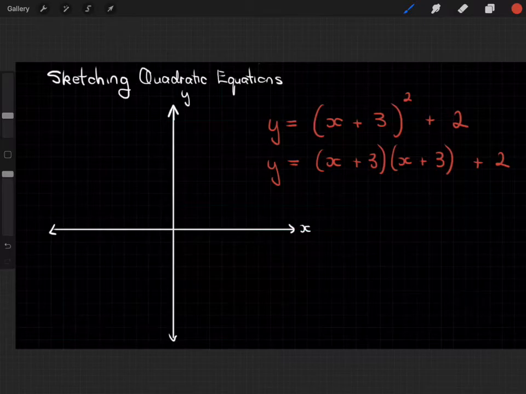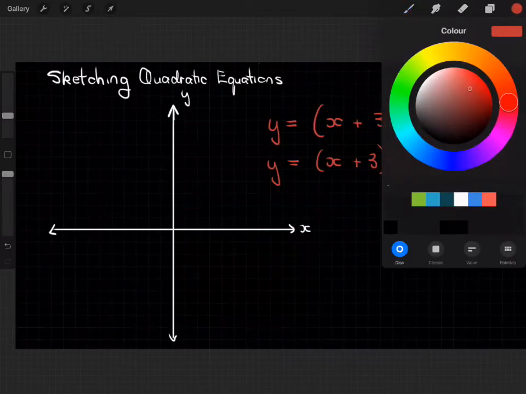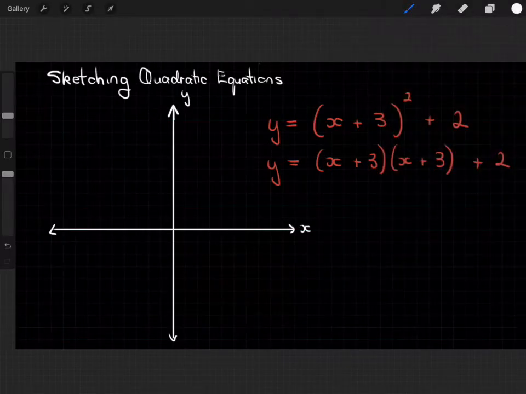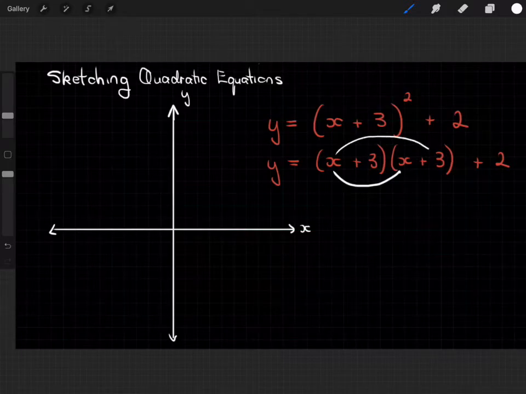Now, because we've got two brackets multiplying together, we can multiply them using FOIL. The first two we multiply together, then the outside two, then the inside two, and then the last two. So y equals, the first two is x times x, which is x squared.